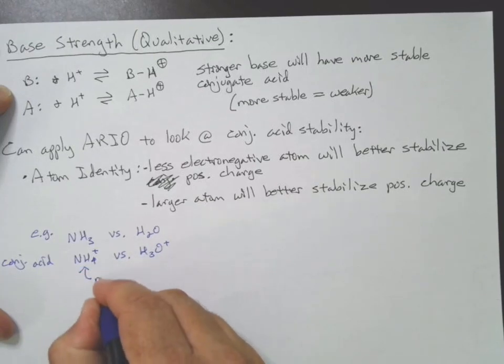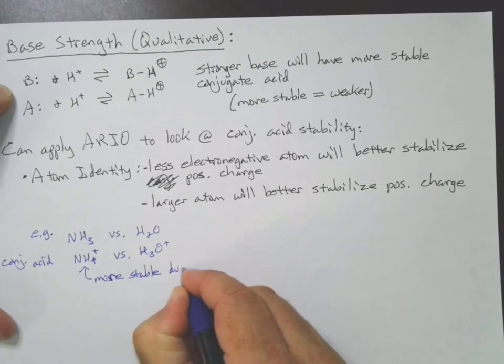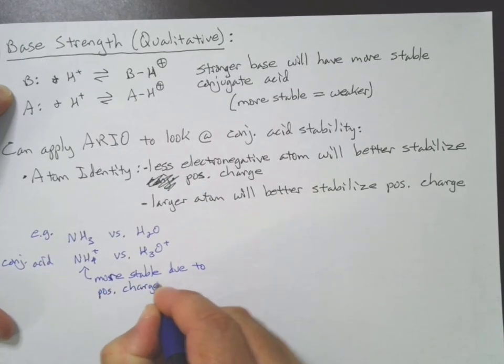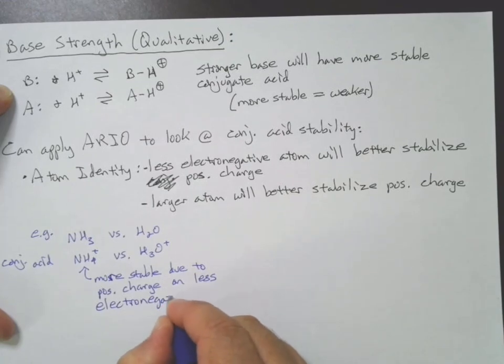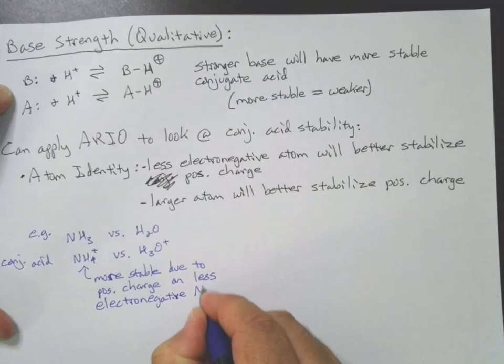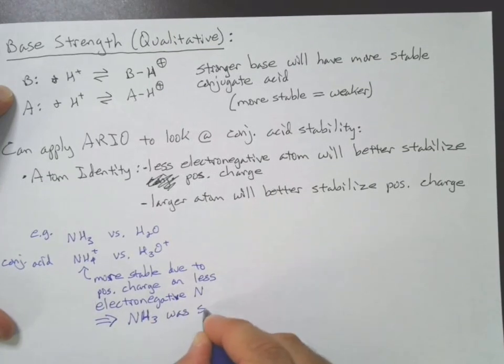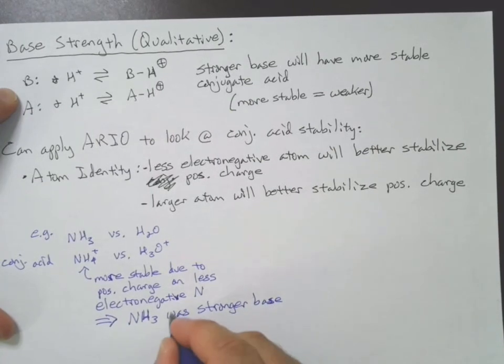And so this is more stable due to positive charge on less electronegative nitrogen, which means that NH3 is the stronger base.